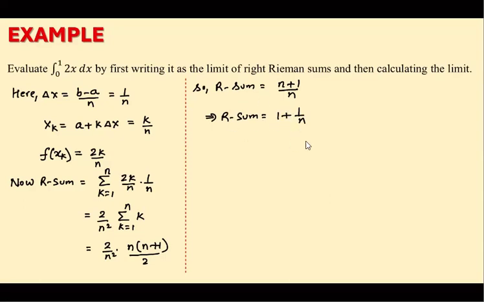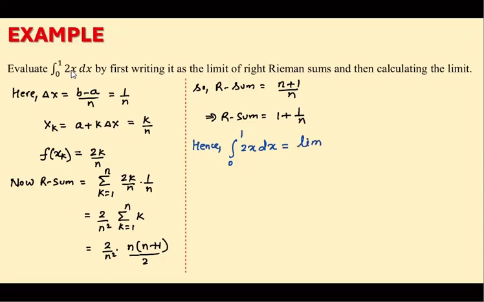Now, if we take the limit of the Riemann sum, we get the value of the definite integral. So hence the value of the definite integral from 0 up to 1 of the function 2x with respect to x is the limit of the Riemann sum.